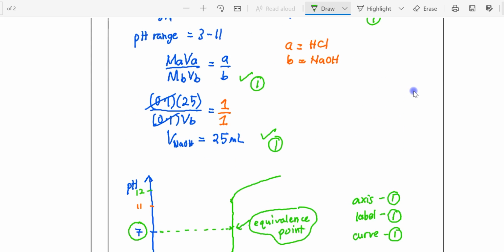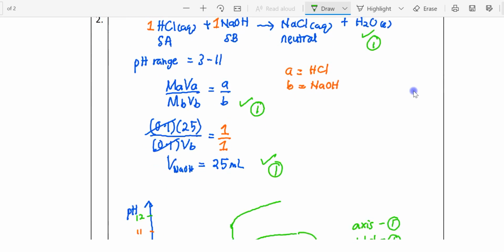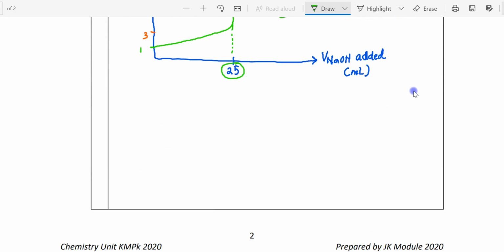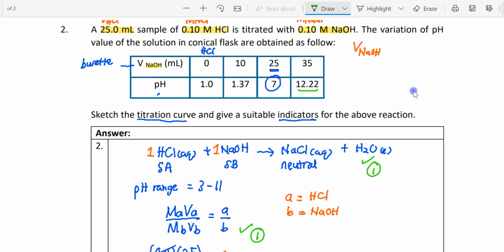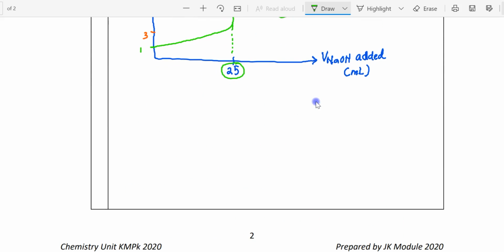And then one more question, the suitable indicator. Because it's a strong acid and strong base, and it's mentioned here as suitable indicators, there is more than one possible indicator. So we can use phenolphthalein, bromothymol blue, and you can also use chlorophenol blue.